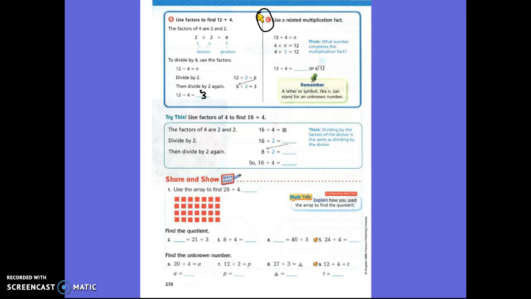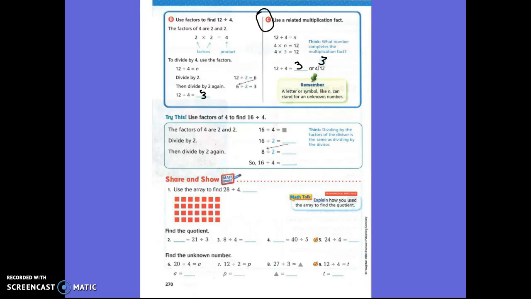So 12 divided by 4, instead you have 4 times something equals 12. 4 times what equals 12, boys and girls? 3. 4 times 3 equals 12. If you know 4 times 3 equals 12, then you will know that 12 divided by 4 is 3.